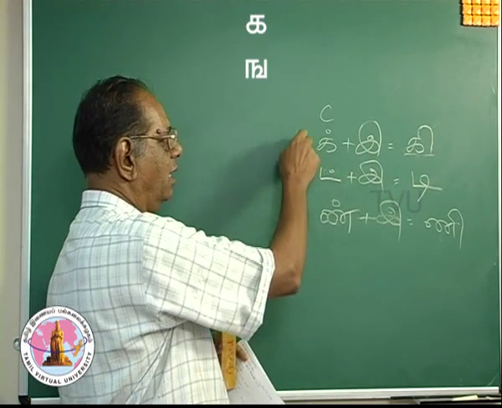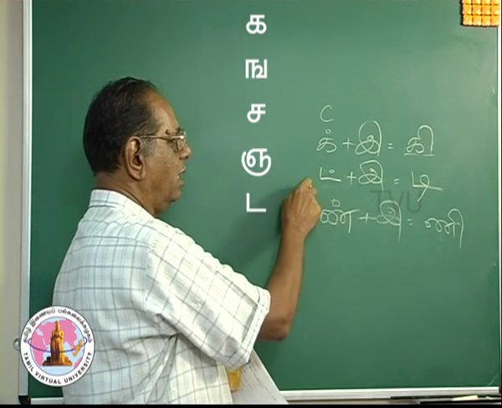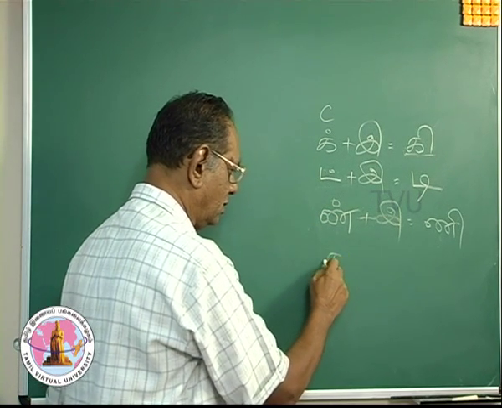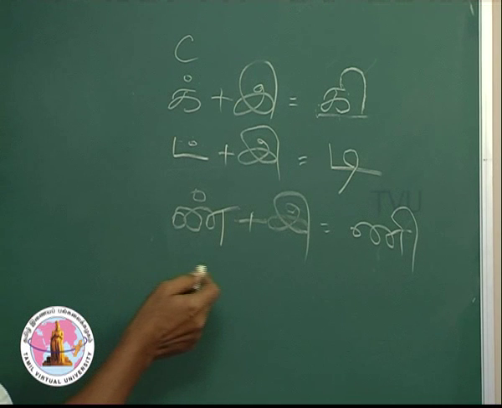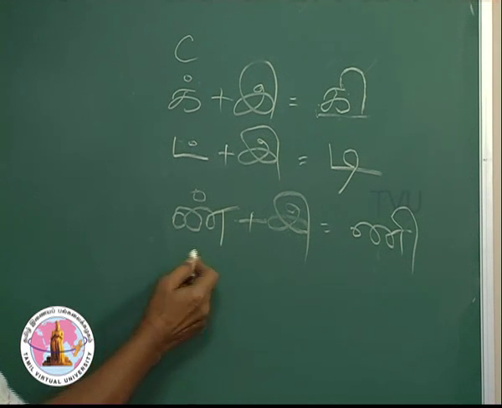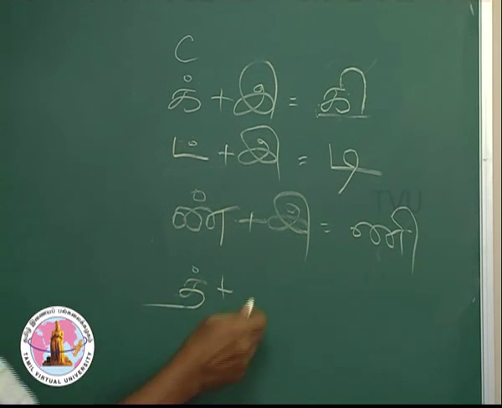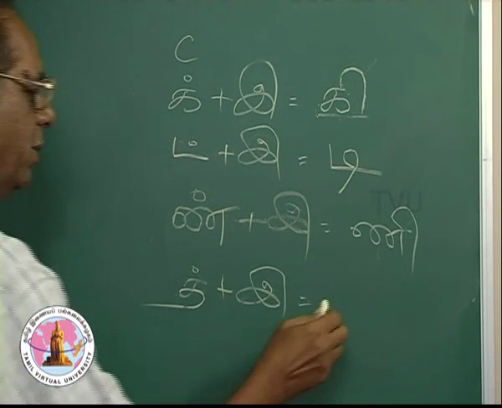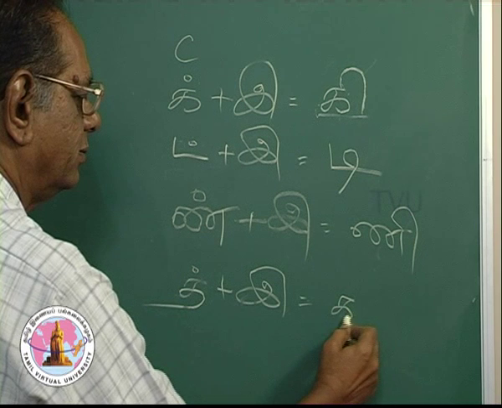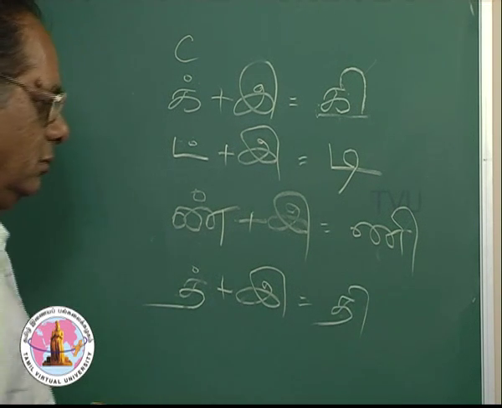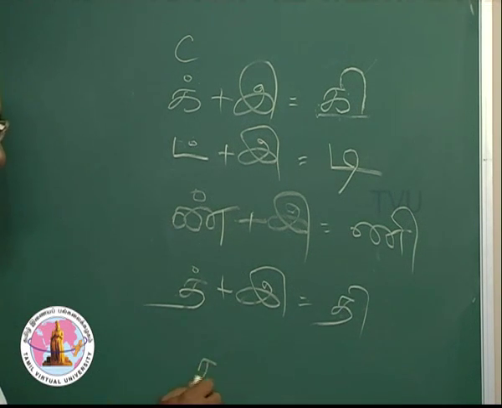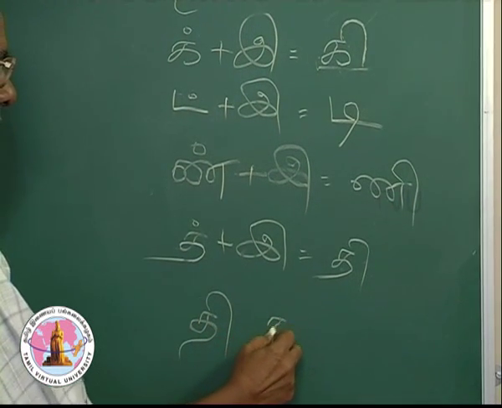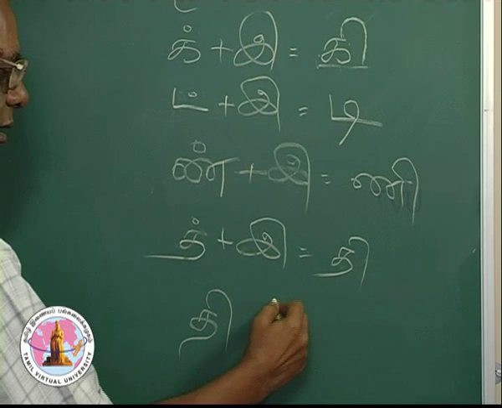Ka, nga, cha, nya, ta, na. Then the next letter is tha. With a dot above, and you add this vowel, it becomes thi. This is tha and thi.